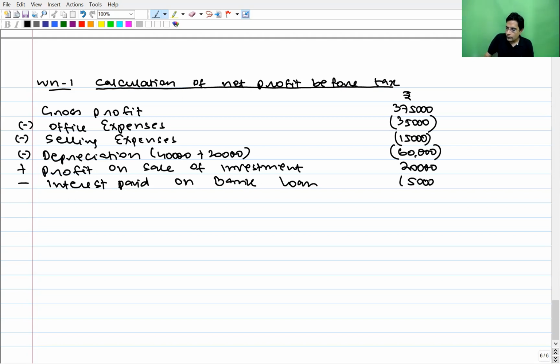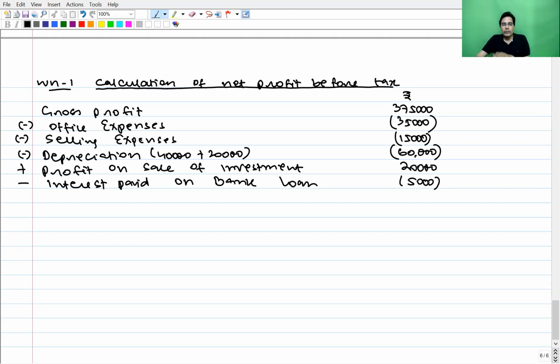So what are we doing, all of you? We need profit before tax. In all the questions which we did in the class, we were calculating in a different way because this kind of data was not available to us. If they had given this kind of information, then we would have directly computed profit before tax like this.